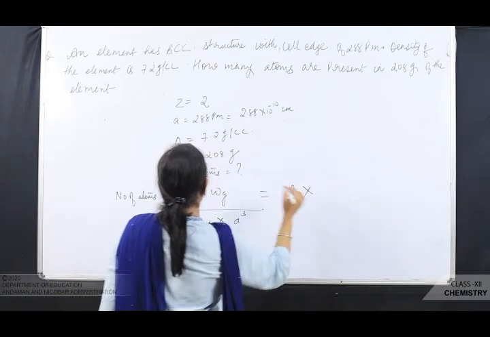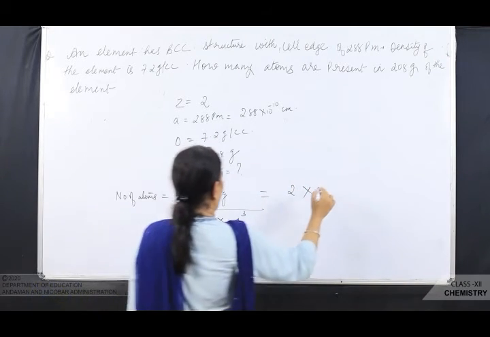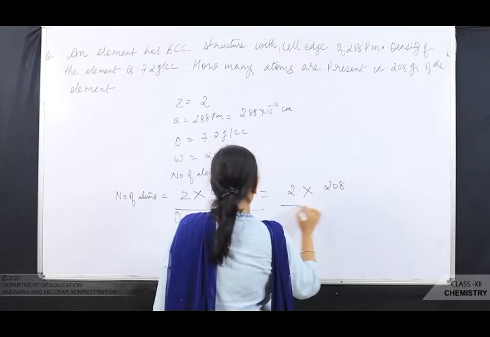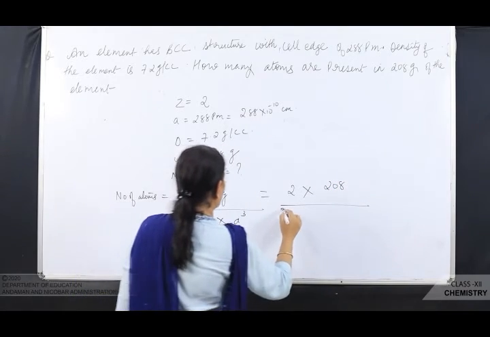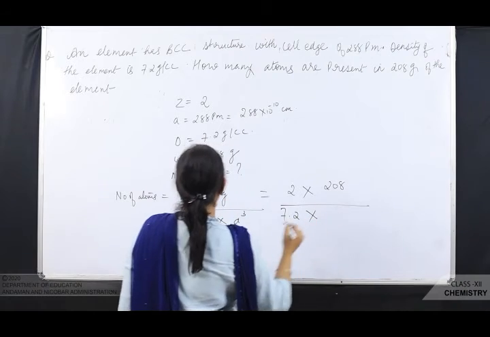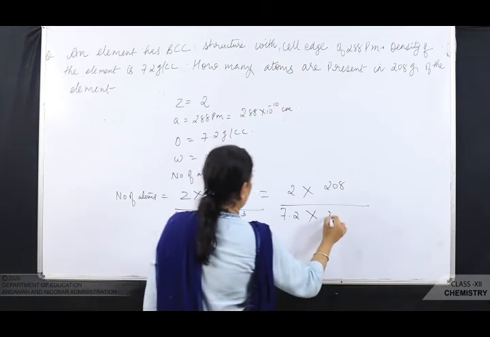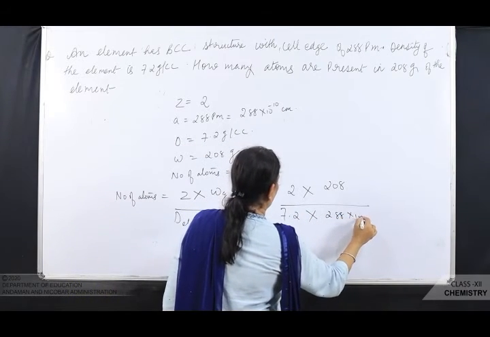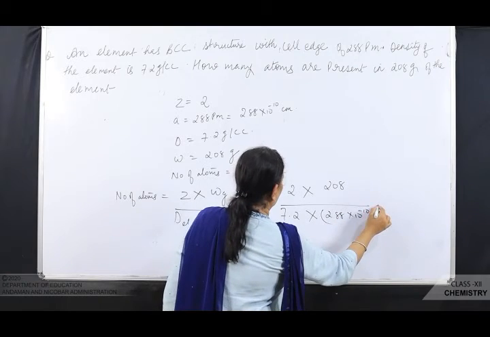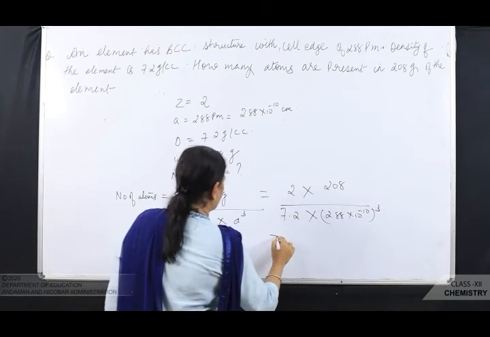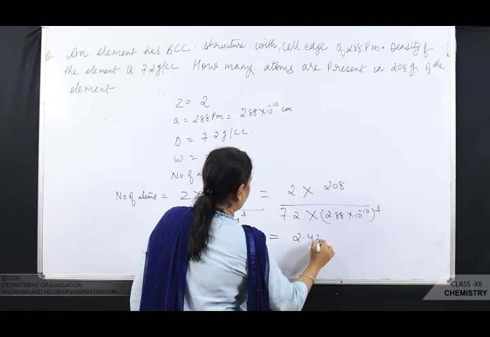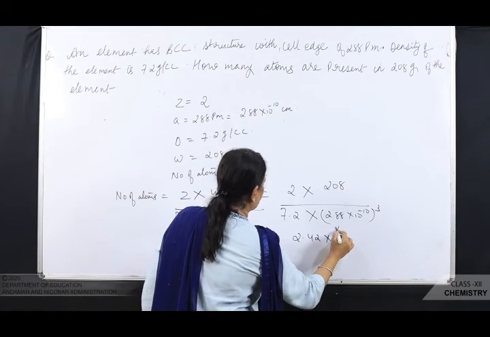So, how much it is coming? 2 into 208 divided by density of the element is 7.2 into A cube is how much? 288 into 10 to the power of minus 10, the whole cube. So, the answer comes to be 2.42 into 10 to the power of 24 atoms.